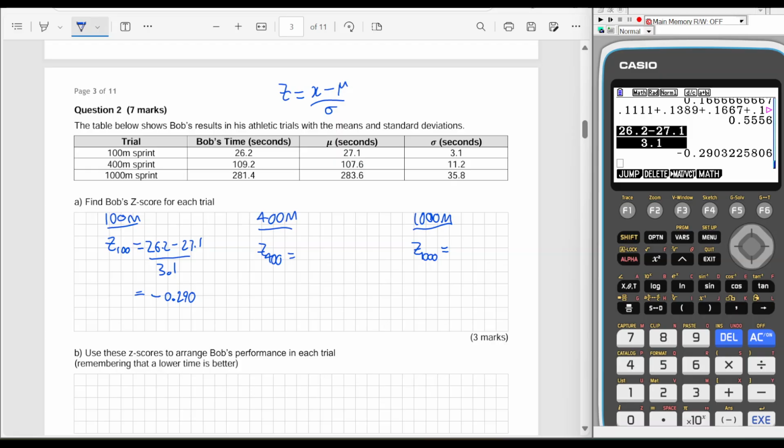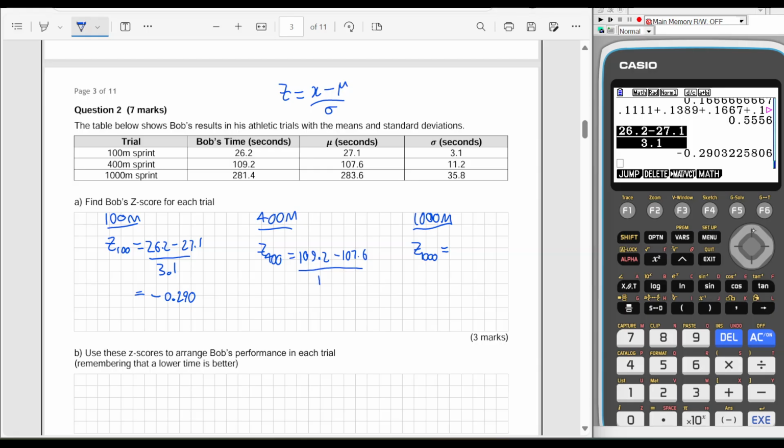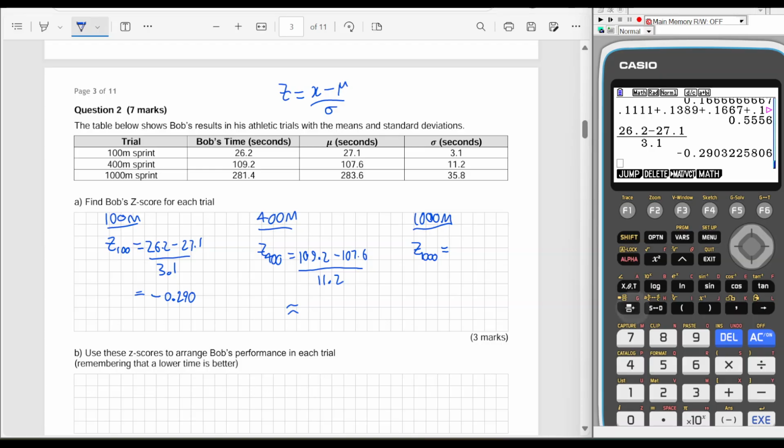Z400. So this one here is going to be 109.2 minus the mean 107.6, all over the standard deviation of 11.2. And we can work that out. So 109.2, 107.6, and 11.2 on the bottom, 0.143.